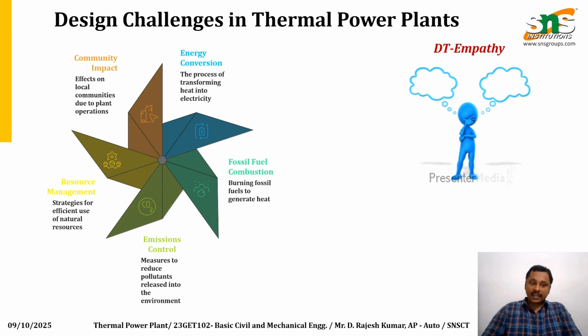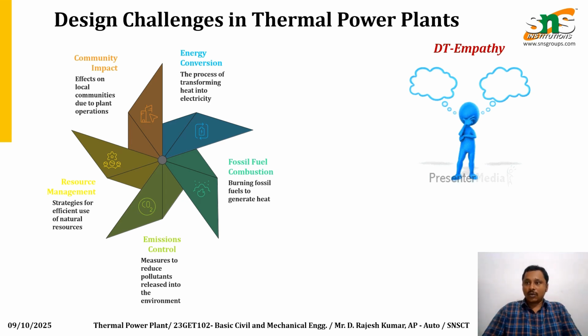The next important thing is emission control. Why? Because emissions are one of the factors that can affect human health. If you see the air quality index in major cities such as Delhi, Mumbai, and Chennai, the air quality index crossed over 400 or 600, which means there are more dust particles present in the air.